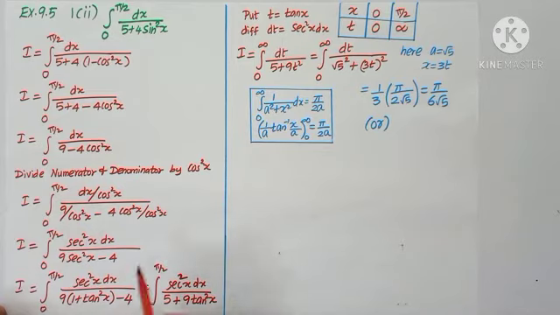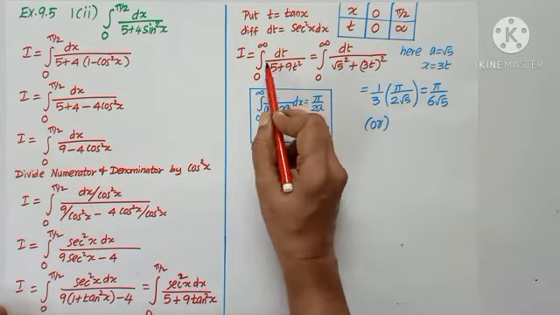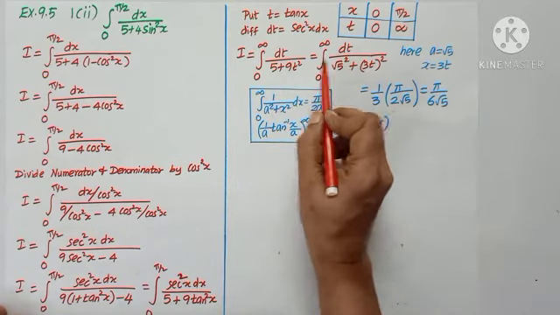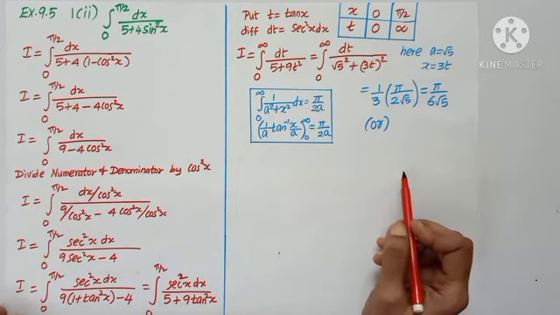Secant square x dx is dt in the numerator. Denominator secant square we rewrite as 1 plus tan square x. 9 into 1, 9, 9 minus 4, 5. 9 into tan square becomes 9 into t square. 5 can be written as root 5 square. 9t square can be written as 3t the whole square.